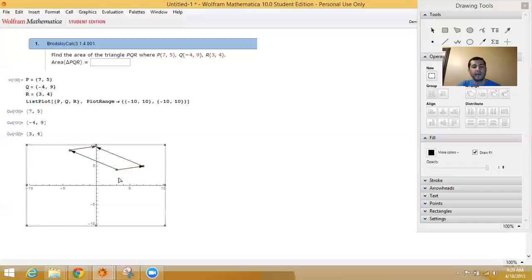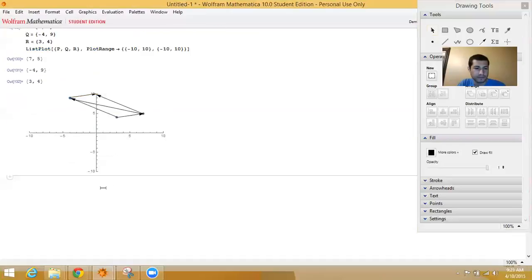In order to find the area of this parallelogram, we're going to calculate the determinant of the matrix determined by these 2 vectors. However, we don't want the area of the parallelogram, we only want the area of this triangle. So if we cut it in half, like shown here on the graph, algebraically we'll divide the determinant by 2 to find the area of this triangle.